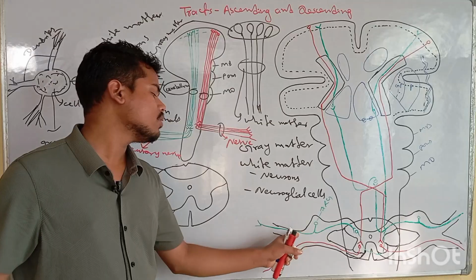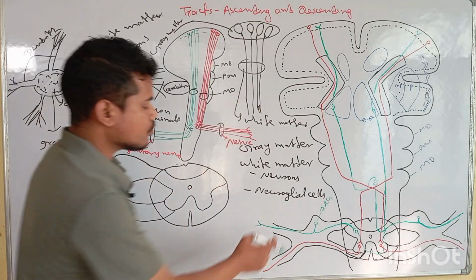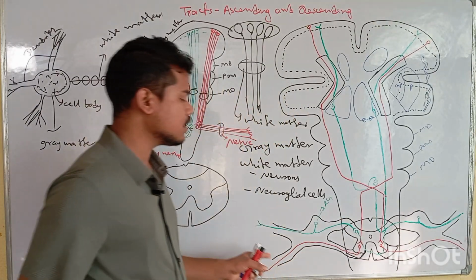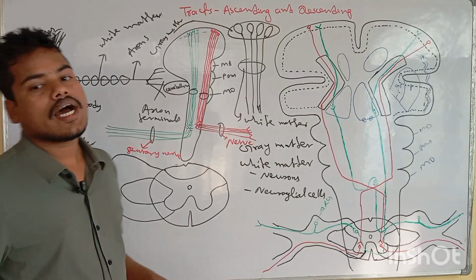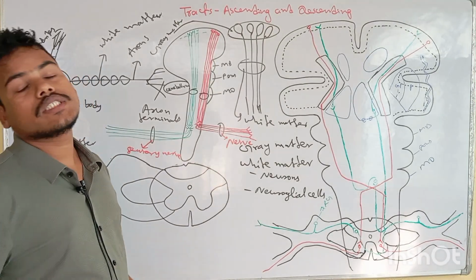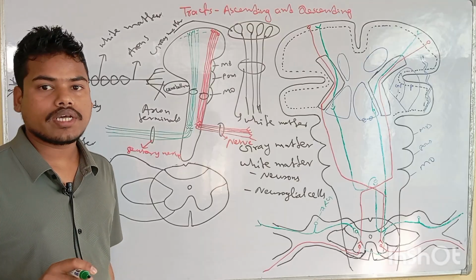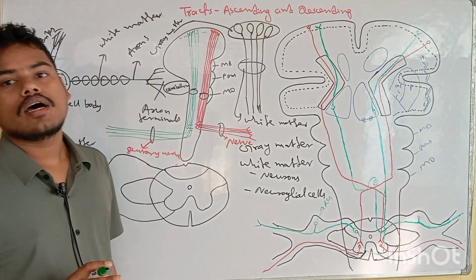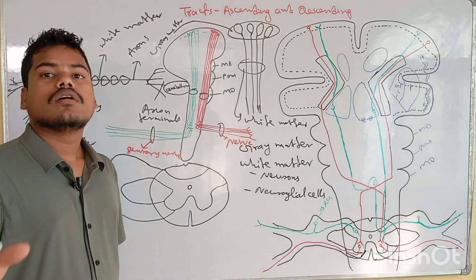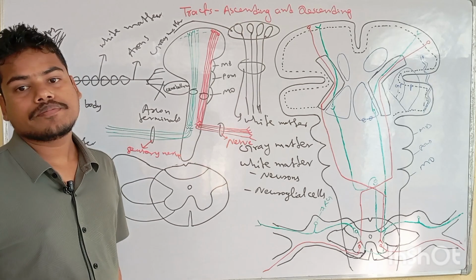Functionally both act as axons. So okay, this is the basic thing, and for this lecture I have taken references from Gray's neuroanatomy, Bidich-Rosia neuroanatomy, as well as Snell's clinical anatomy.